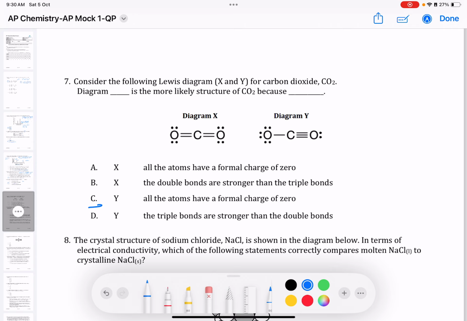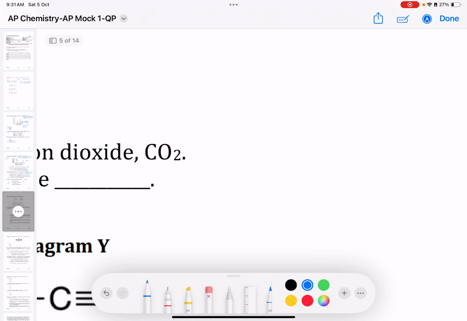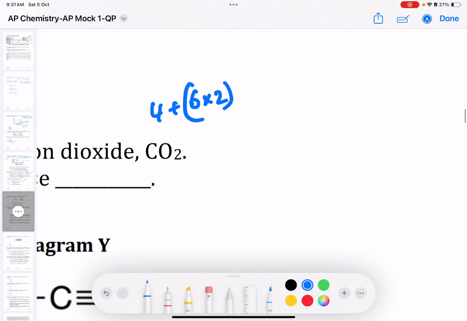First of all, when we look at CO2, we count the valence electrons in this molecule in order to draw it and distribute. Carbon has 4 valence electrons, oxygen has 6 valence electrons. Since we have 2 atoms of oxygen, we multiply 6 by 2, and in total we have 16 electrons to distribute, or in other words 8 pairs.